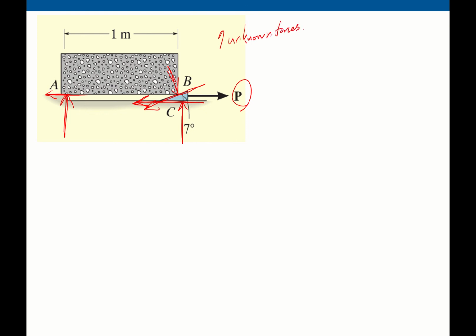In this case, we can draw two different free body diagrams, one for the stone and the other for the wedge. Let's start with the stone first. We have a stone here, and this is contact point A. This is a frictional force between the stone and the wedge.